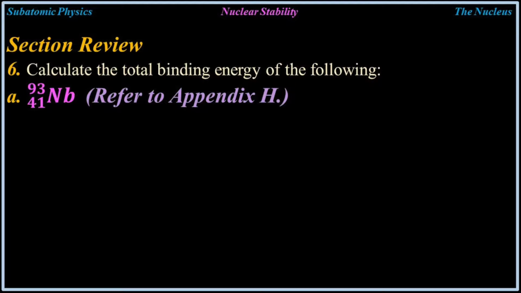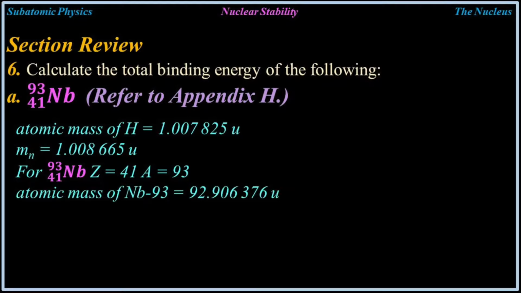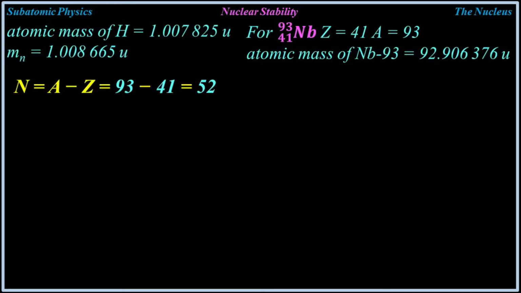Calculate the total binding energy of the following. Niobium-93, refer to Appendix H. There's the atomic mass of hydrogen. There's the Mn. Niobium-93, there's the Z and the A. Atomic mass.